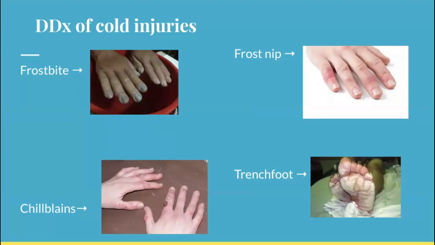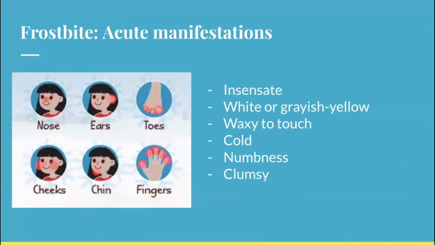And then bottom right, trench foot, another non-freezing cold injury that's from prolonged exposure of the feet to dampness and cold. But can cause tissue loss and long-term sequelae. This involves injury to the sympathetic nerves and vasculature, and it can range from being insensate and numb or being extremely painful. But we're going to talk about mostly frostbite.